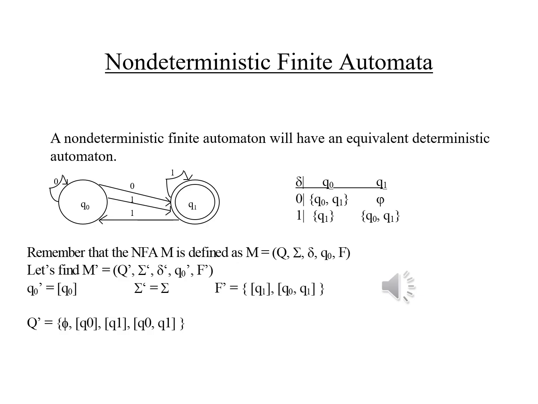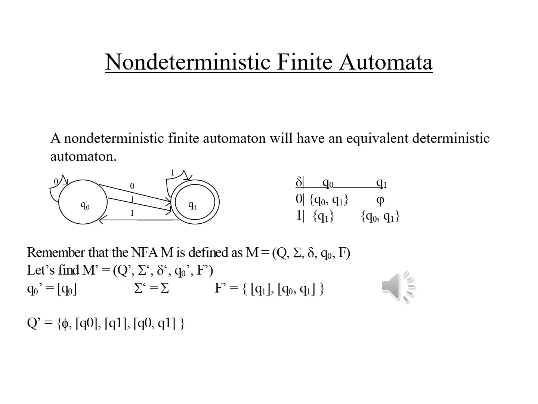Let's take a look at what the equivalent 5-tuple will be. I'm looking for M prime equal to the 5-tuple Q prime, sigma prime, delta prime, q0 prime, and F prime. q0 prime is the exact same as q0, but only q0, not including Q1.